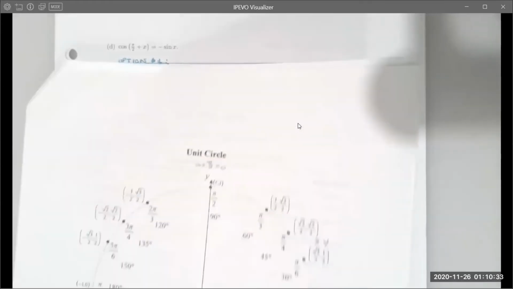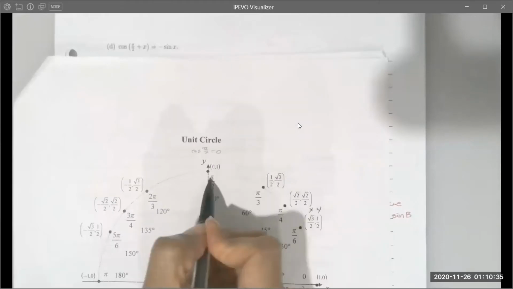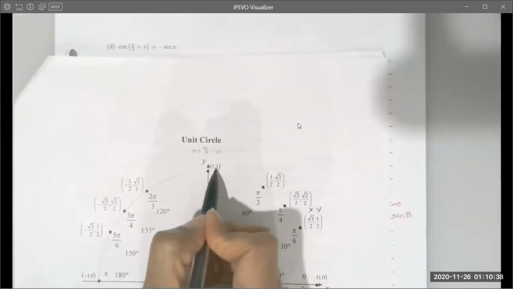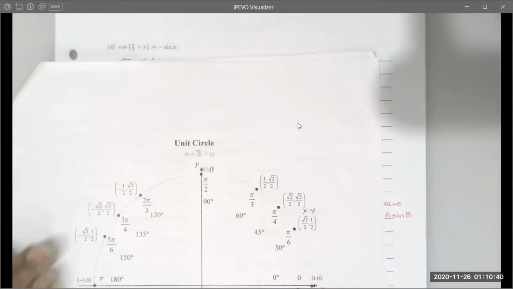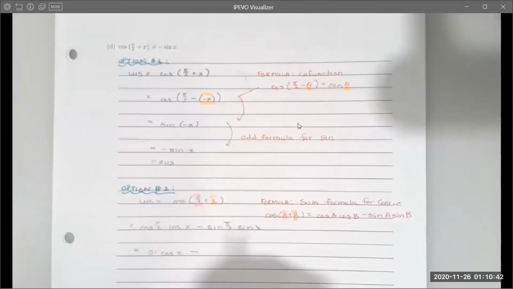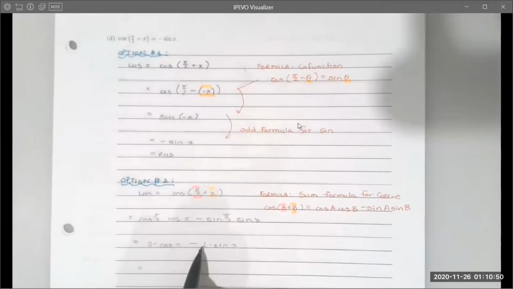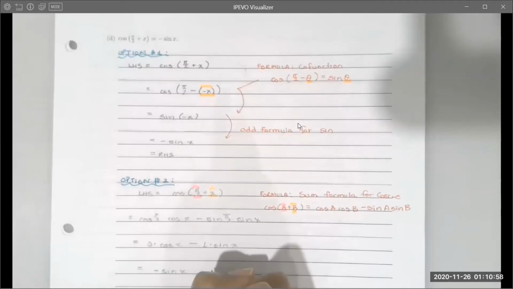Again, we can look at the unit circle. Here's pi over 2. Sine is always the y value, so it's going to be 1. So minus 1 times sine of x. And 0 times anything is just 0, so we end up with 0 minus 1 times sine of x, which is just negative sine x. And again, that is the right-hand side. So at that point, we're done.